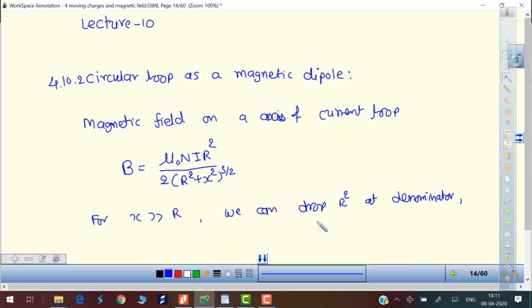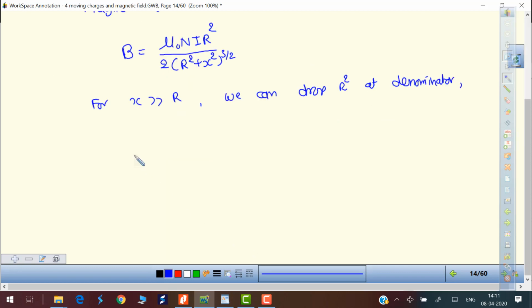We can neglect it. So what we get, B equal to mu 0 N i R square upon 2, and if you drop this R, X square raised to 3 by 2 becomes X cube. This is for large distance.